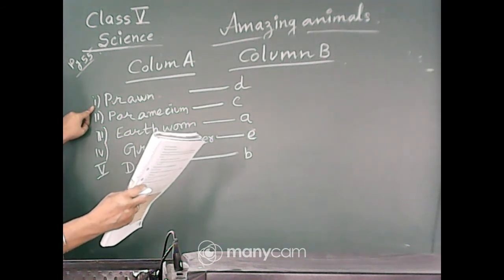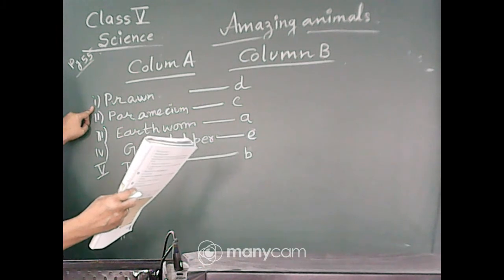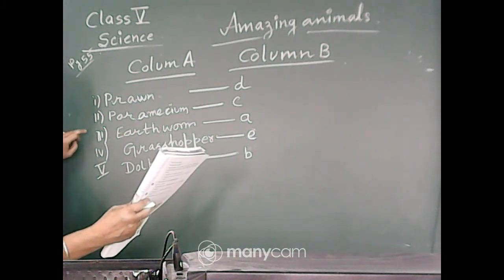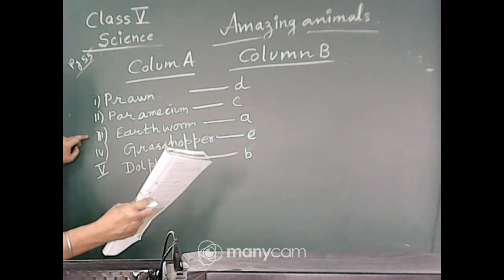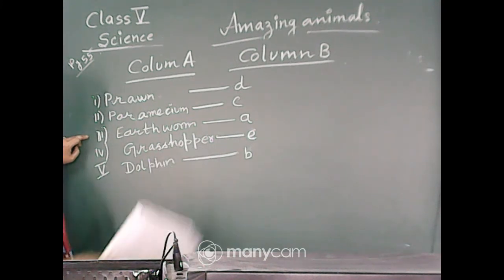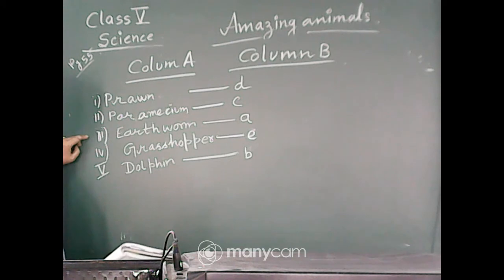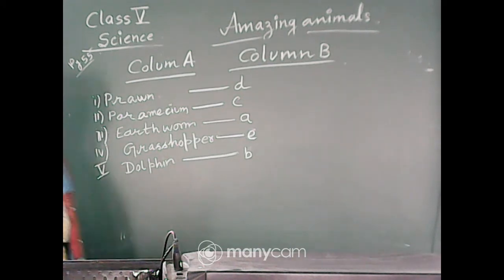Paramecium respires through the body surface. Earthworm through moist skin, that is A, and grasshopper respires through tracheae, and the last one, dolphin, respires through lungs.